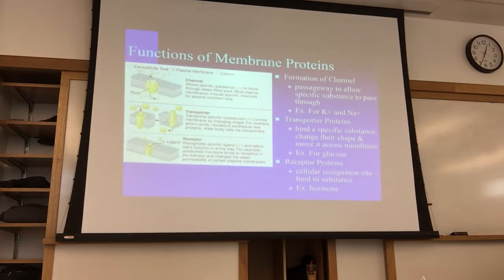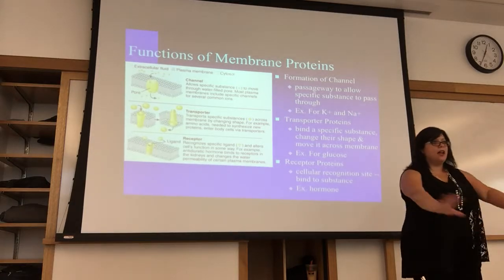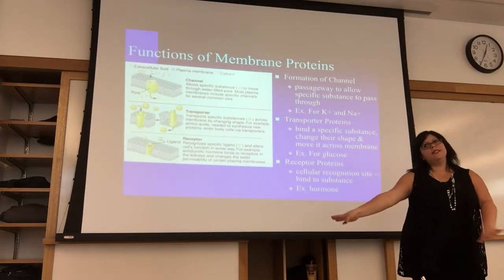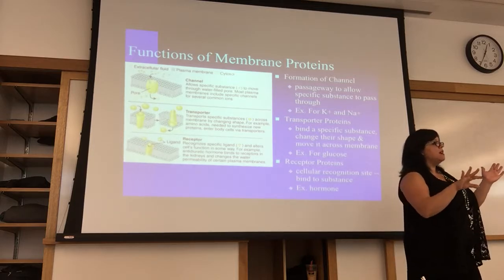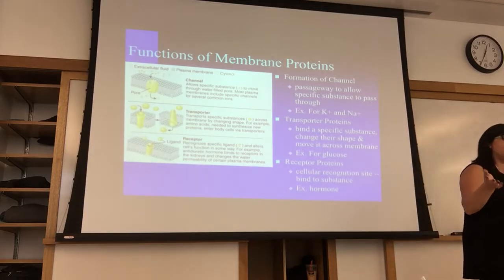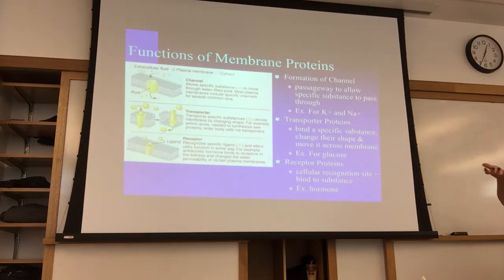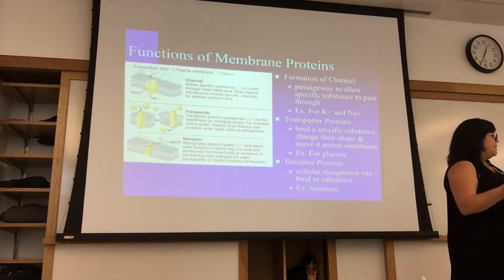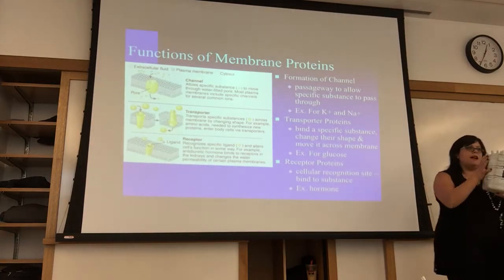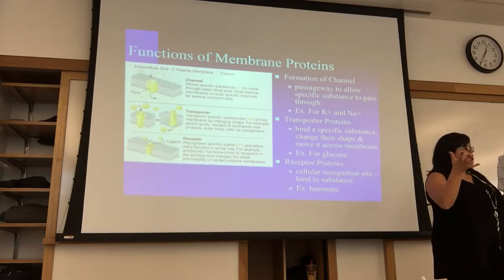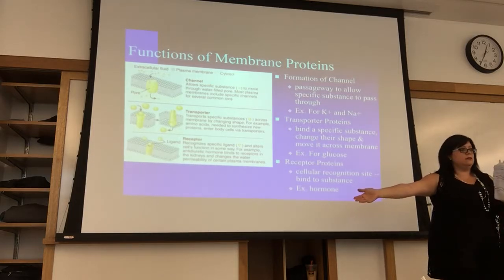It's all different tiles, maybe different colors, maybe different shapes, making a pattern on the floor. So that's why we say mosaic, because there's all different proteins with different shapes and different arrangements that make up this plasma membrane. And the plasma membrane from one cell is different than the plasma membrane from another cell.